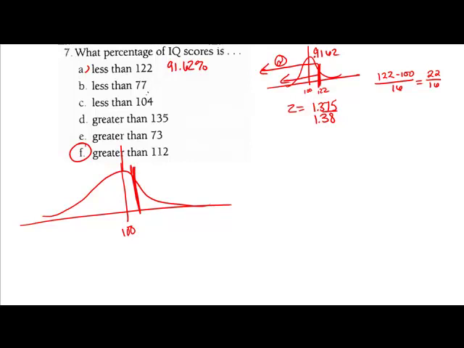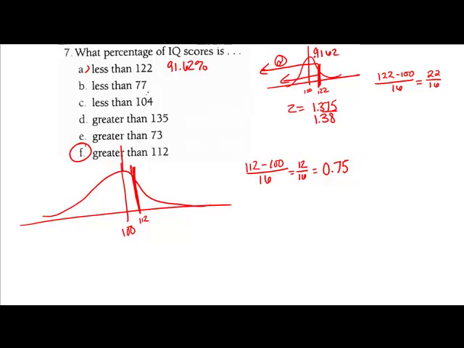So first step, calculate the z-score. 112 minus 100 divided by 16 equals 12 divided by 16 equals, I believe that's 3/4. Yep, 0.75.